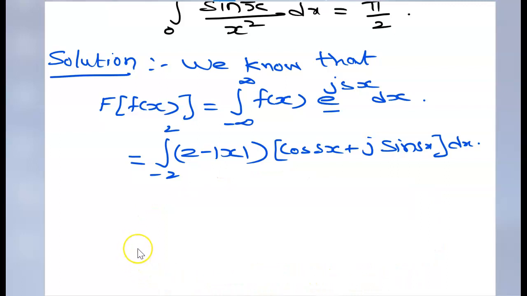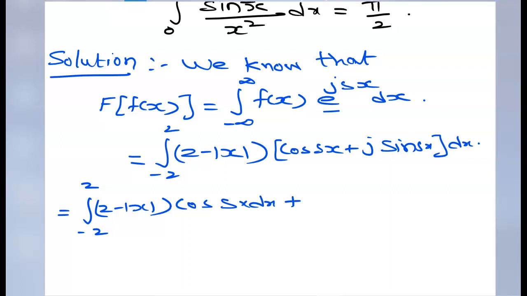Now I have to separate this into two integrals. Let me write one more line. It is the integral from minus 2 to plus 2 of 2 minus modulus of x into cos s x dx, plus j, which I can keep outside, the integral from minus 2 to plus 2 of 2 minus modulus of x sin s x dx.